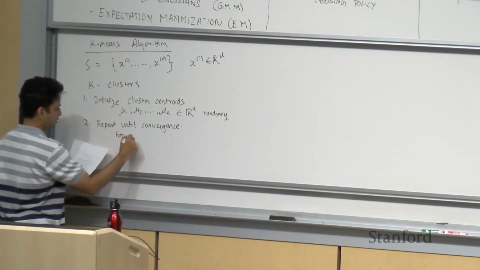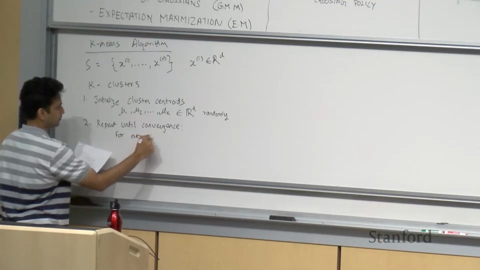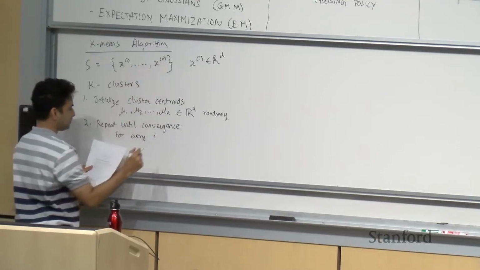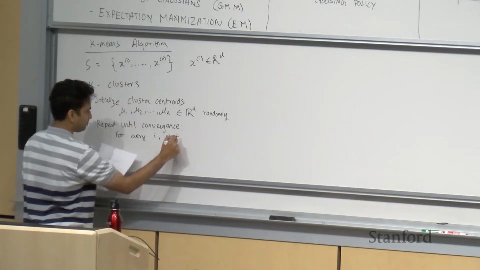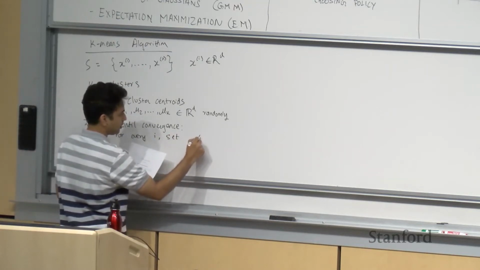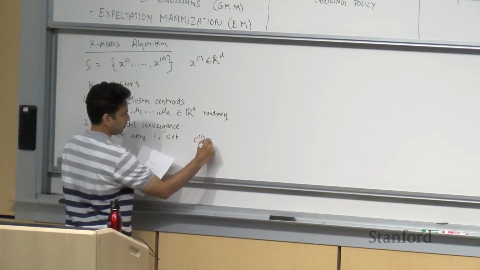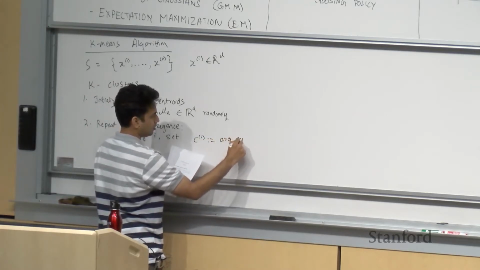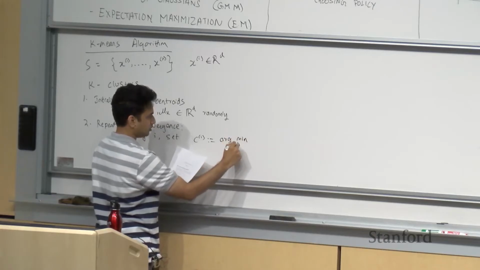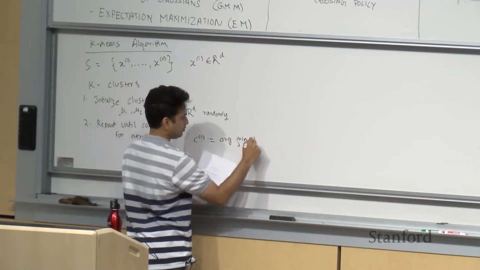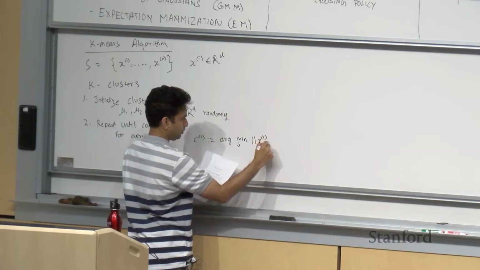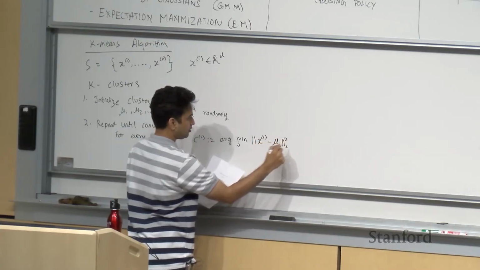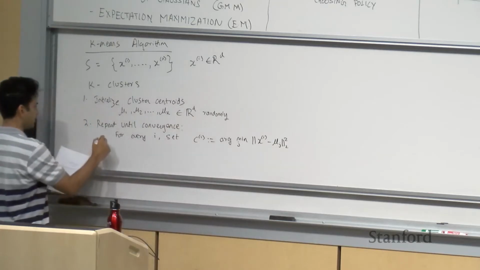Repeat until convergence. For every i, where i denotes the example number, set Ci equal to argmin over j of the squared norm of xi minus mu j. That's step 1.